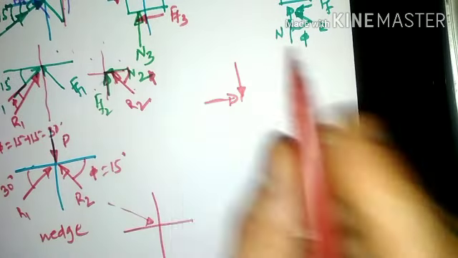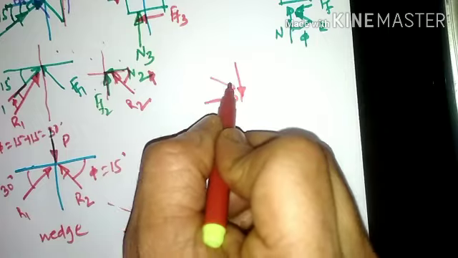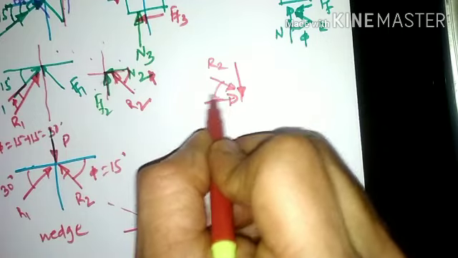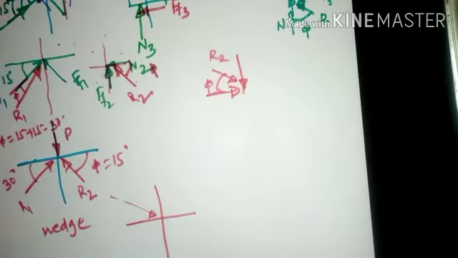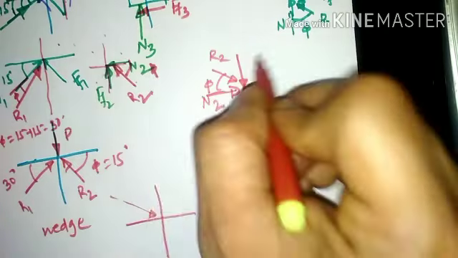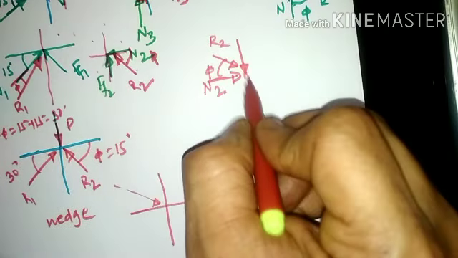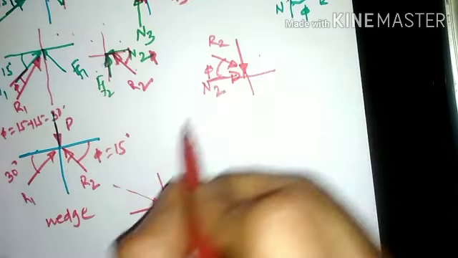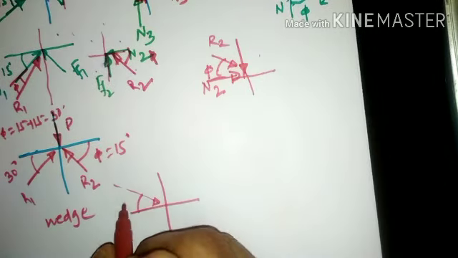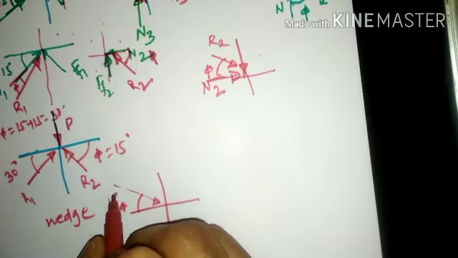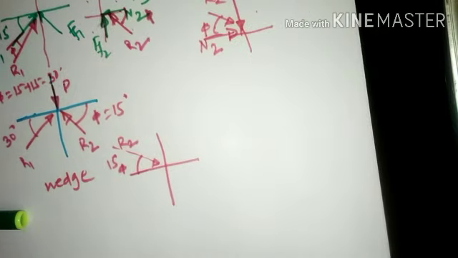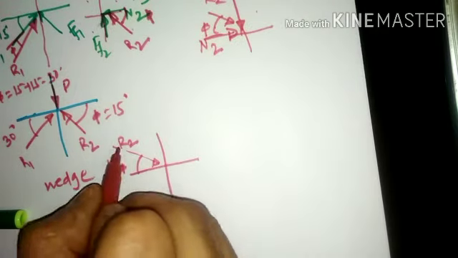The combination of these two will yield a resultant reaction R2, which will make an inclination of phi with respect to the normal reaction N2. So N2 will make an inclination of phi, which is 15 degrees. This is the value of R2, placed in the second quadrant.